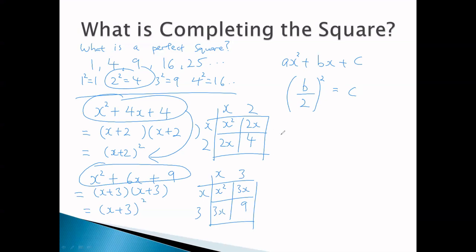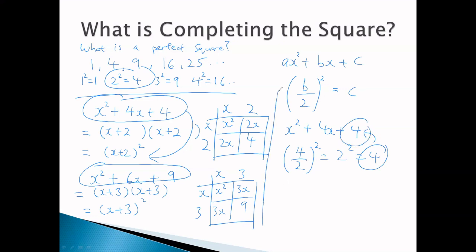Okay, so for example, what do you mean by b over 2? Look at this, x squared plus 4x plus 4. So b over 2 means 4 over 2. Then if I square it, it's actually 2 squared, which is 4. And this is the same as c.